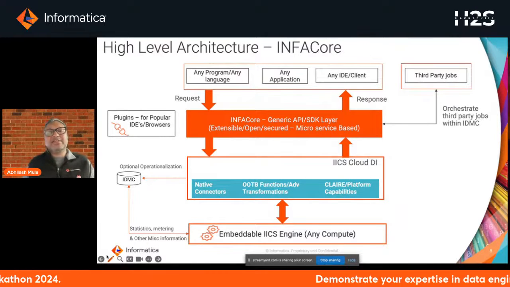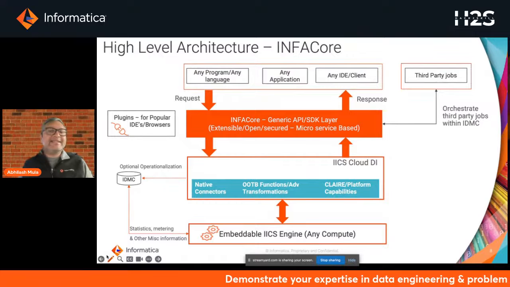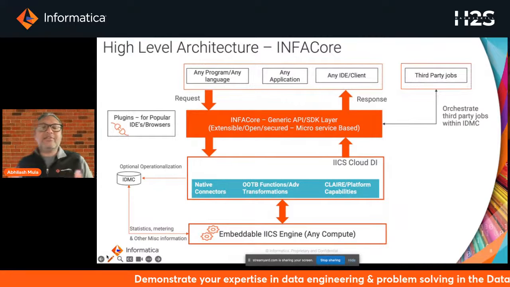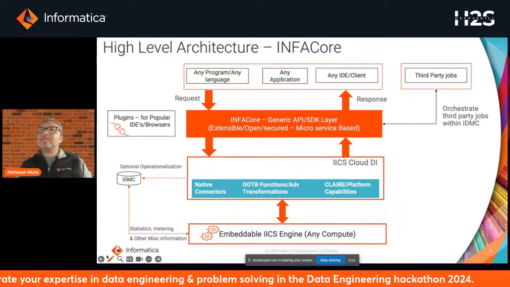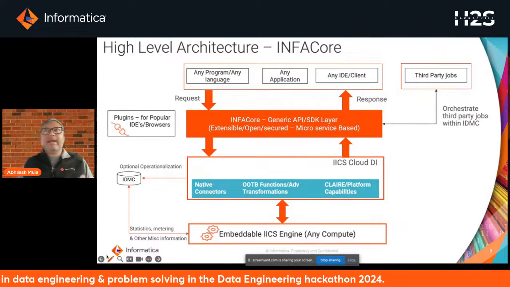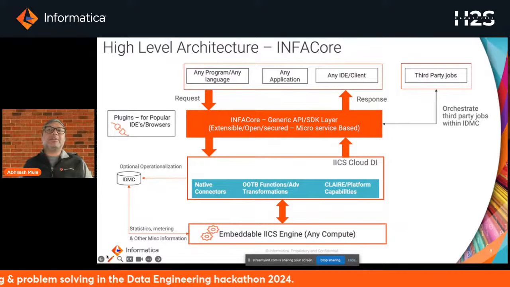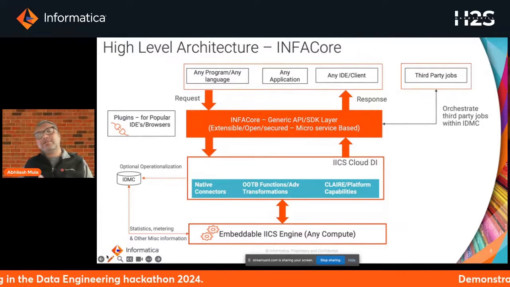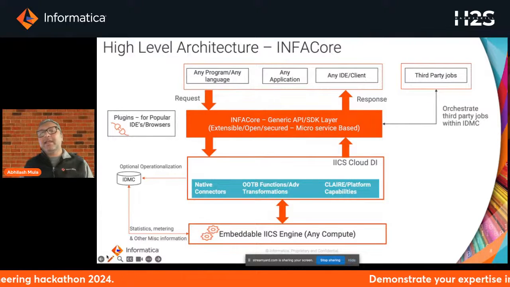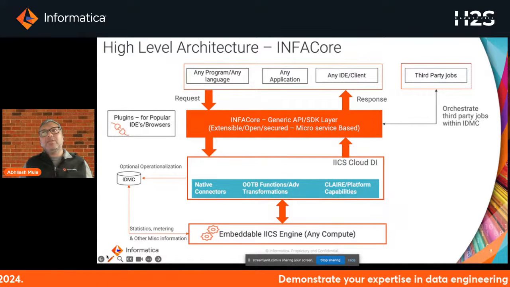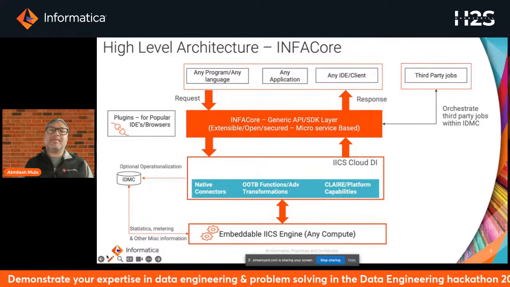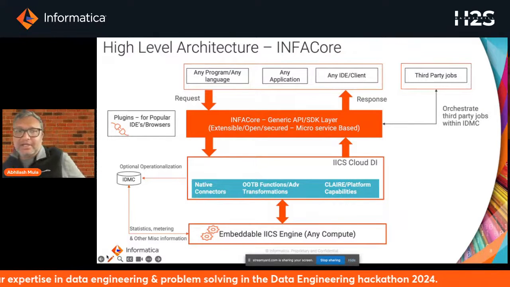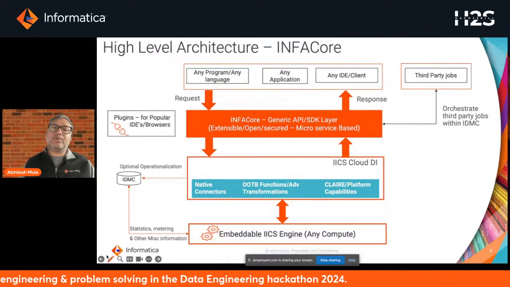Whether it's validating SSNs or any of the data quality functionality that we provide, those are exposed as a Python SDK as well, so that way you can embed them. Now, in the open source Python libraries, maybe there are some that offer basic data quality, but all the data quality rules that we built over many years are now exposed as a Python SDK, and you could use them as part of the InfaCore code, right?